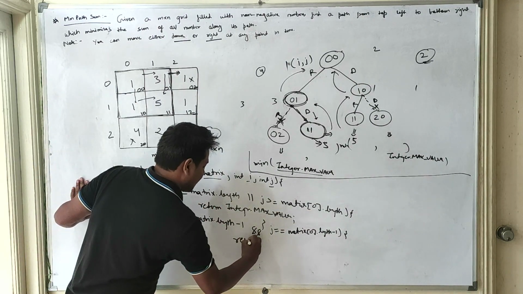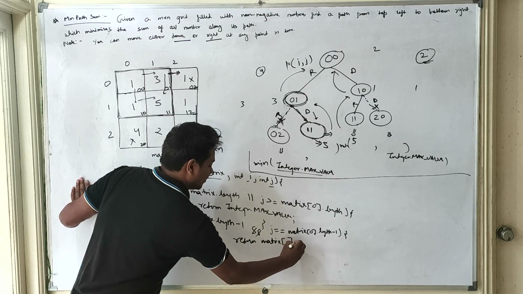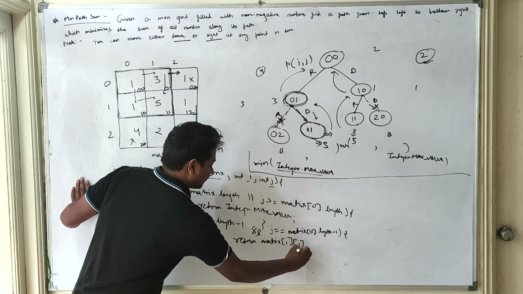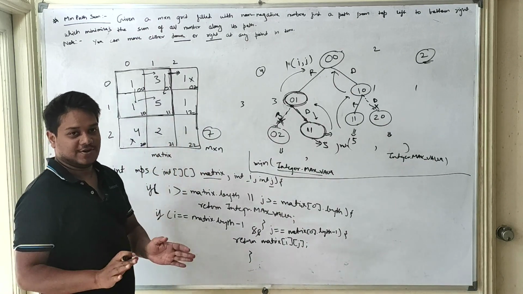So return matrix[i][j]. So these are the two boundary conditions that we have taken care of.